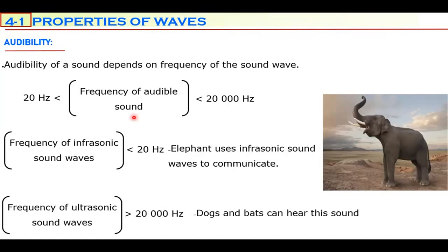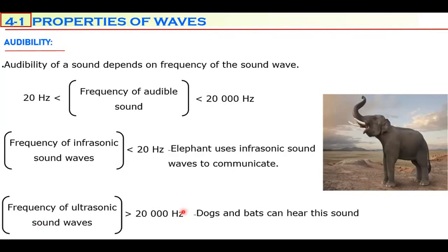But if the frequency of a sound is less than 20 hertz, this sound is called infrasonic sound. We cannot hear that, but some animals can hear these infrasonic sounds. Elephants, for example, use infrasonic sounds to communicate. Sounds greater than 20,000 hertz are called ultrasonic sound waves.